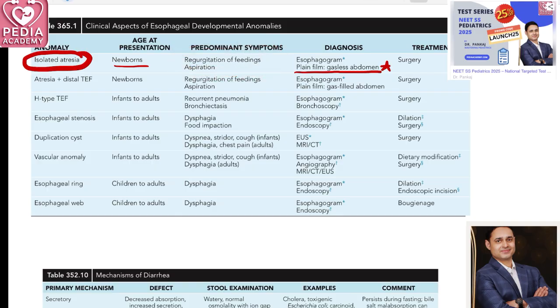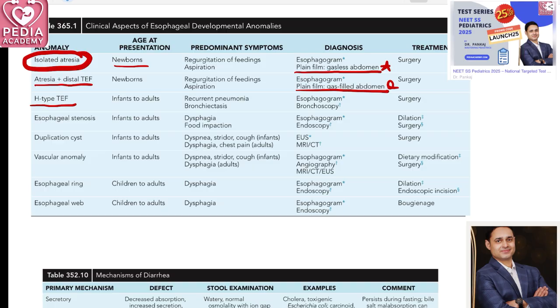Atresia associated with distal tracheoesophageal fistula: the plain film of X-ray contains a gas-filled abdomen, which is very much important. Another entity I want to mention here is H type of tracheoesophageal fistula, because it is so subtle that it can remain up to adulthood.